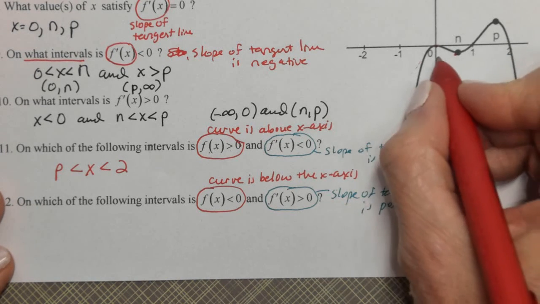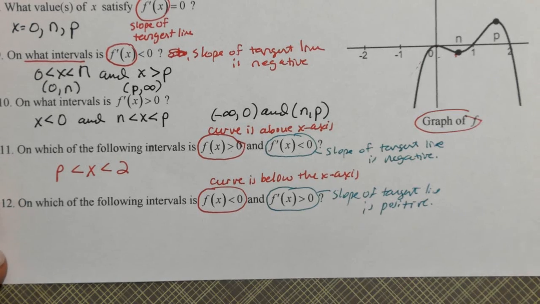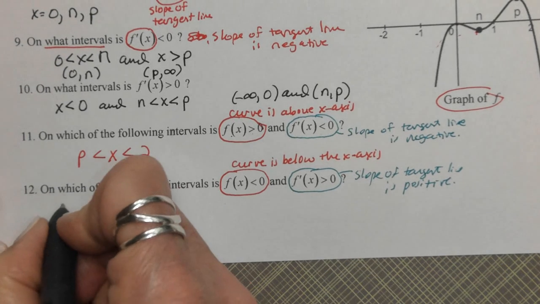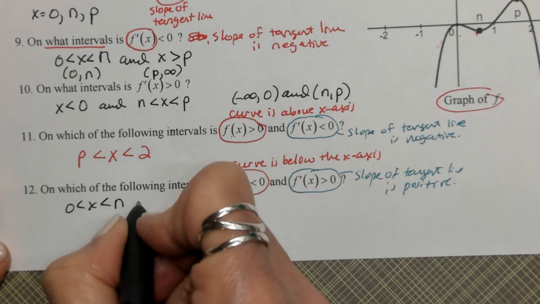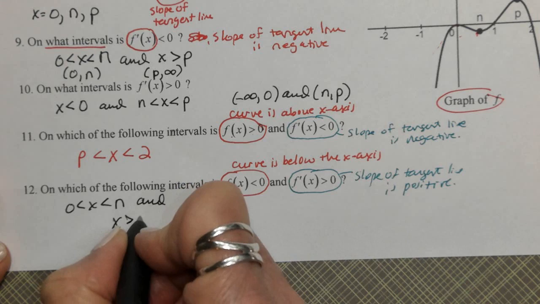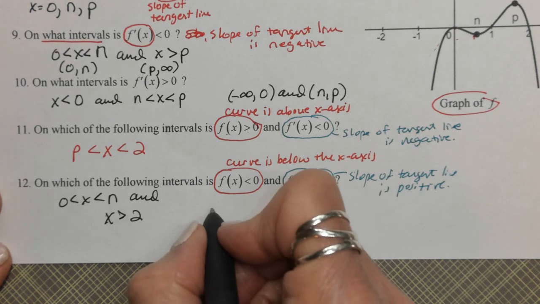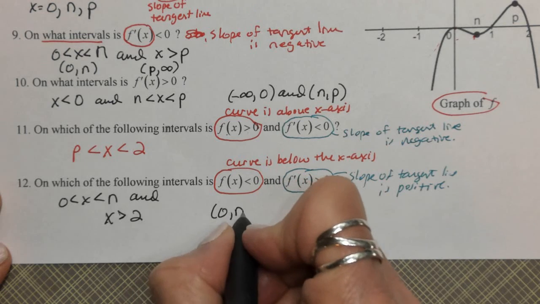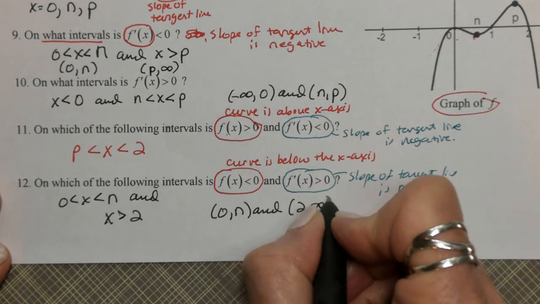So I need from 0 to n and from 2 to infinity. So I might write that as 0 to n and x is greater than 2. That would be inequality notation. In interval notation, you could write 0 to n and 2 to infinity.